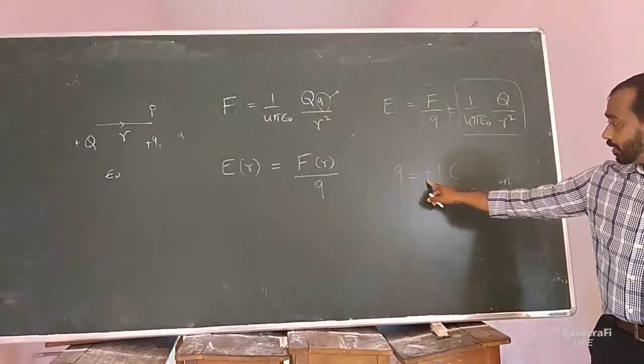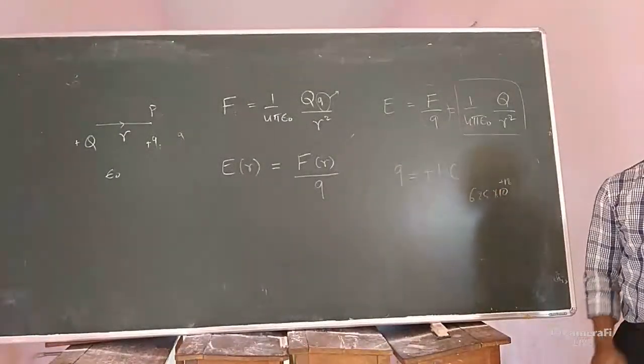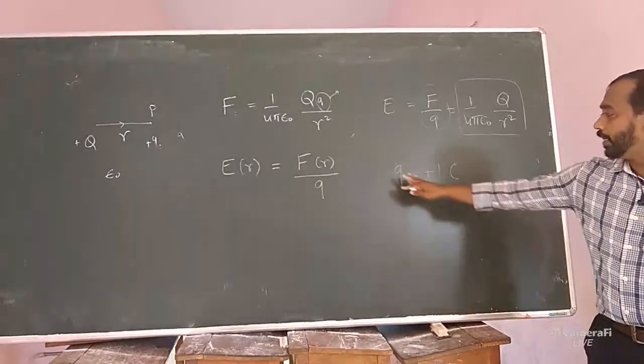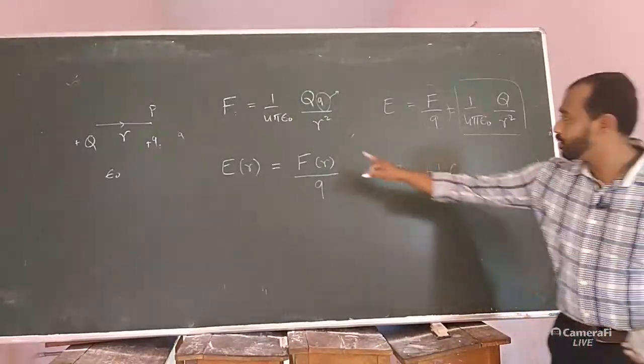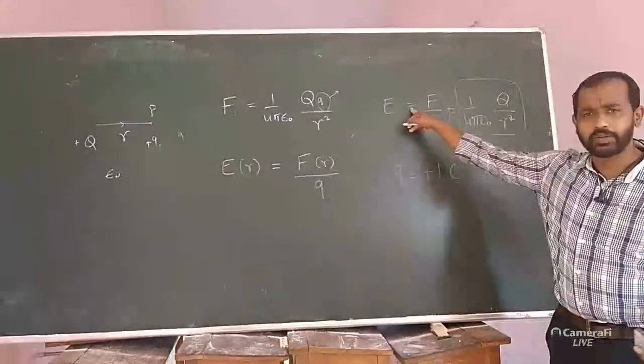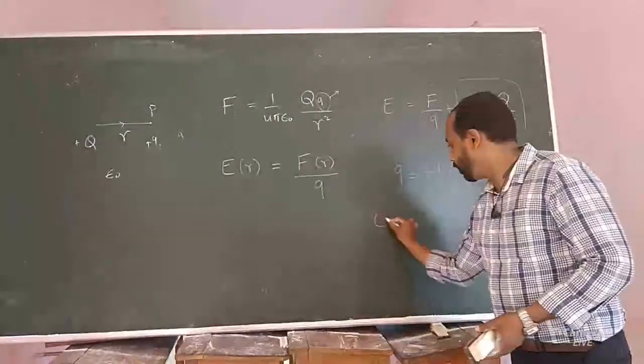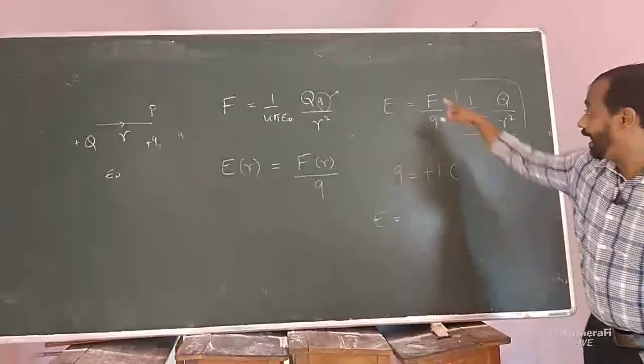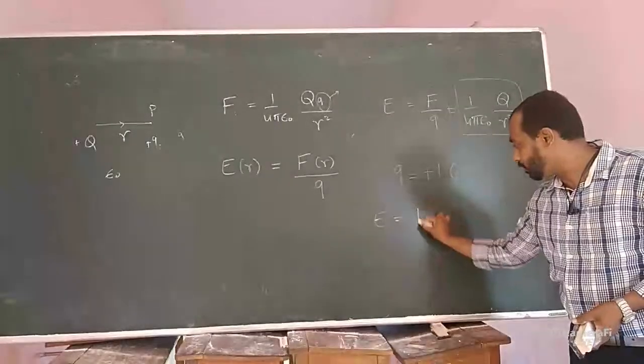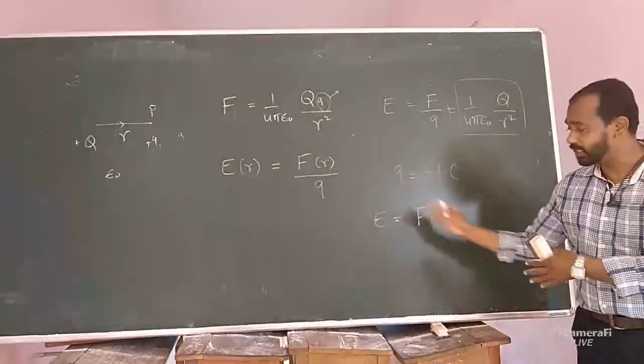So we are going to assume this is a unit positive charge. In that case, when q is unit positive charge, this equation becomes E is equal to F divided by 1, which is equal to F. So that's the definition.